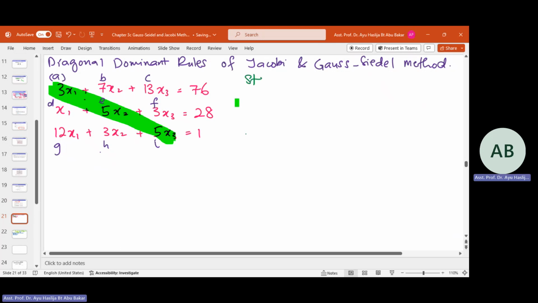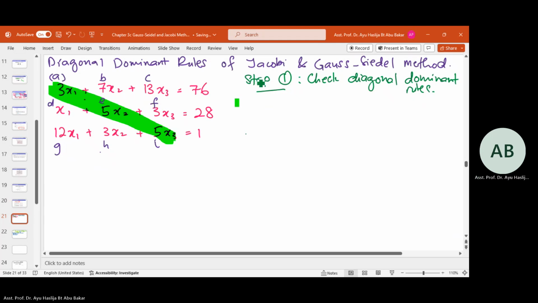Okay, step 1. Check the diagonal dominant. Where A over here is 3, must be larger than 7 plus 13.